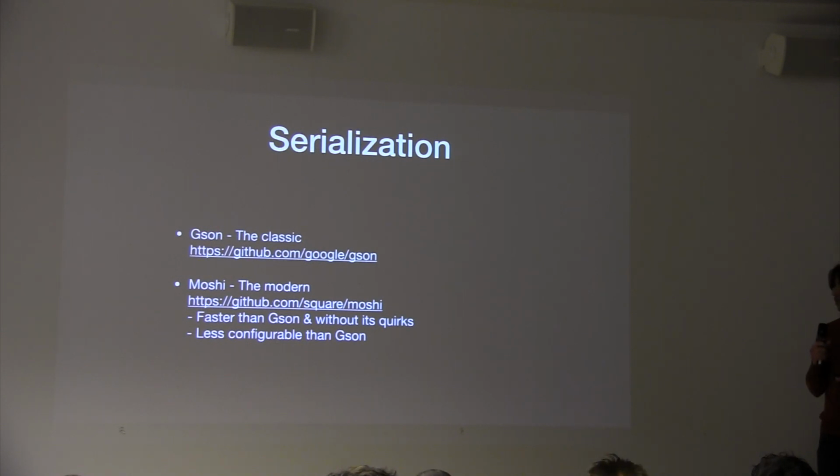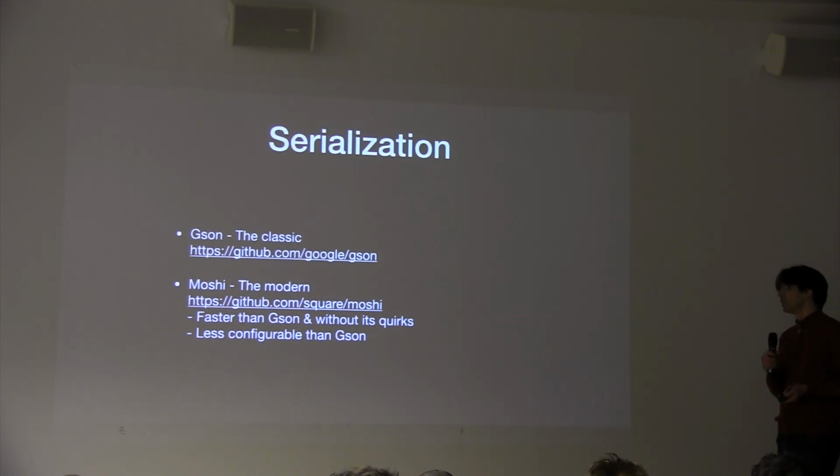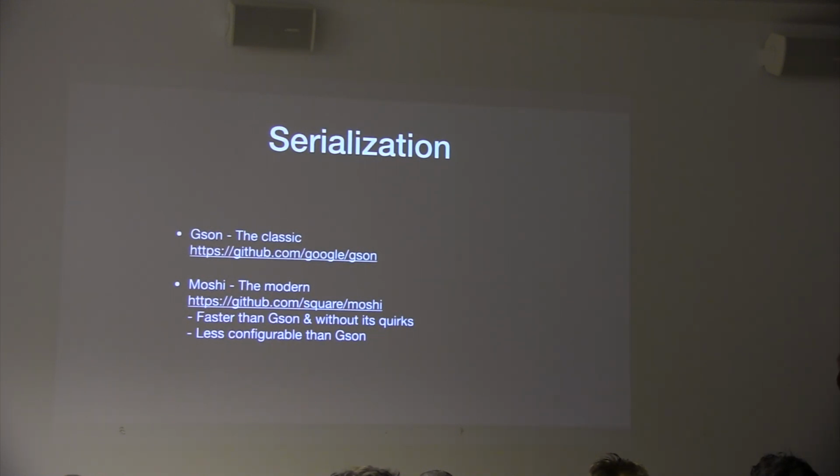So that means all those automatic conversions that we were getting with JSON from camel case fields to the lowercase ones with the underscore in the middle would be gone if we change to Moshi, and we would need to declare it on a per class basis.